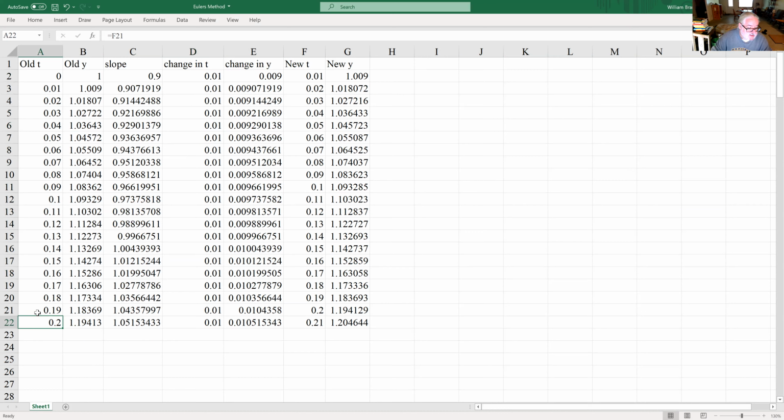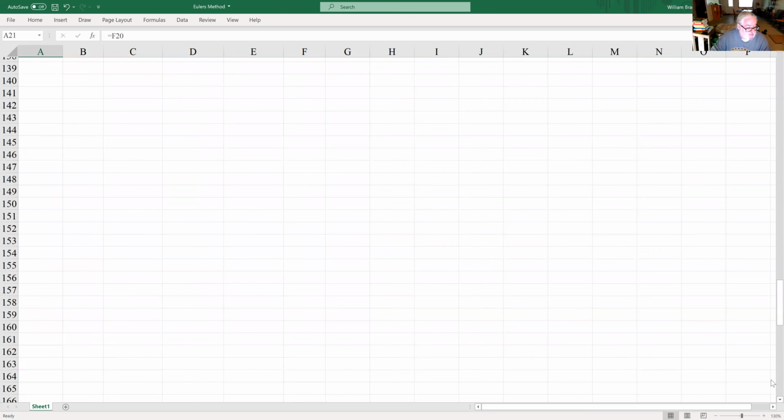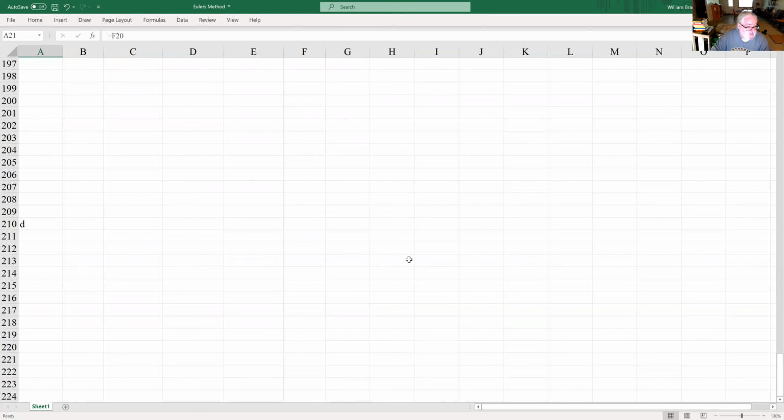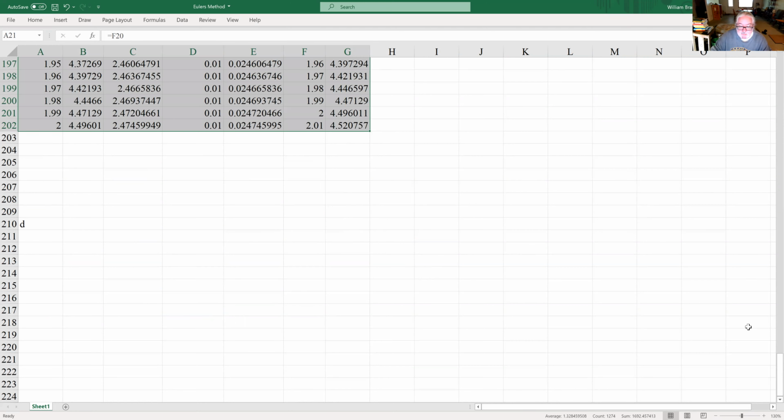So we need a lot more step sizes to be able to estimate what 2 is. So let's go down, say to 200 and some, and see how that works out. There we go. So 4.49, right? Much better. That's much closer to the 4.5 that we're actually looking for.